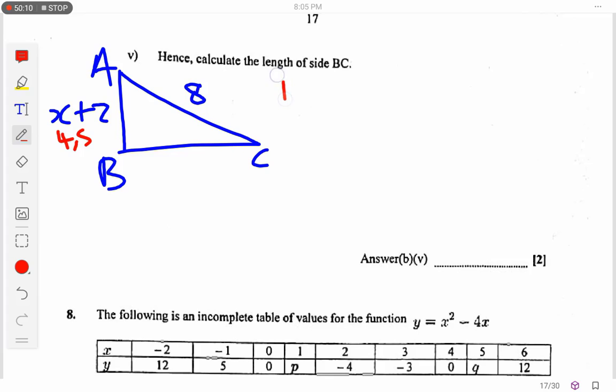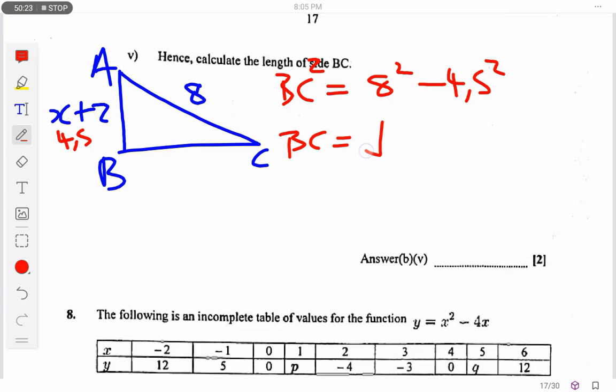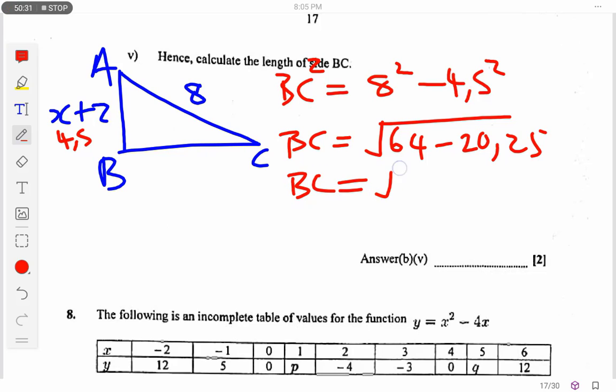So we want to find BC. We can say BC squared is equal to 8 squared minus 4.5 squared. Okay, so our BC is equal to the square root of 64 minus 20.25. So we will get BC is equal to the square root of 43.75, which is equal to 6.61.